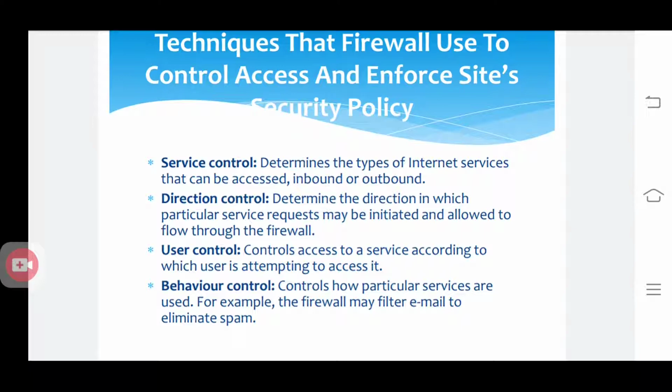Direction control means the firewall determines the direction in which a particular service request may be initiated and allowed to flow through the firewall. User control controls access to a service according to which user is attempting to access it. If it is an authorized user or not, that will be controlled by the firewall. And behavior control controls how particular services are used.